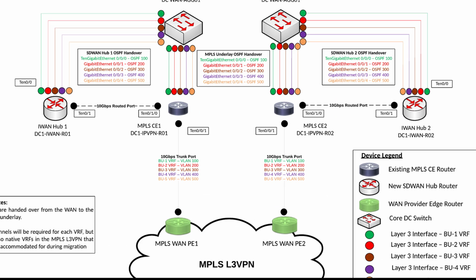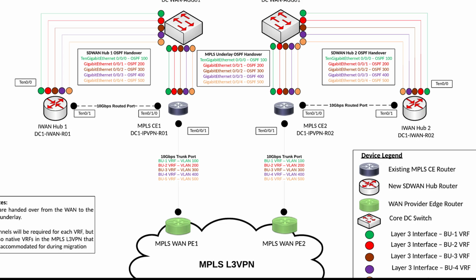Then if we look at the next interface and the next VLAN and the next OSPF process, if we go from the top to the bottom, we have Gigabit Ethernet 0/0/1 on which you're running OSPF process 200, and that correlates to business unit 2 VRF and VLAN 200 on the PE to CE WAN link, and so on.